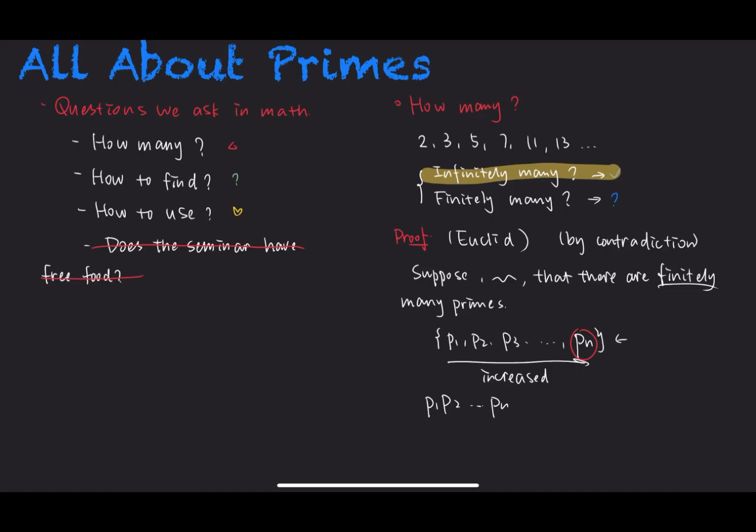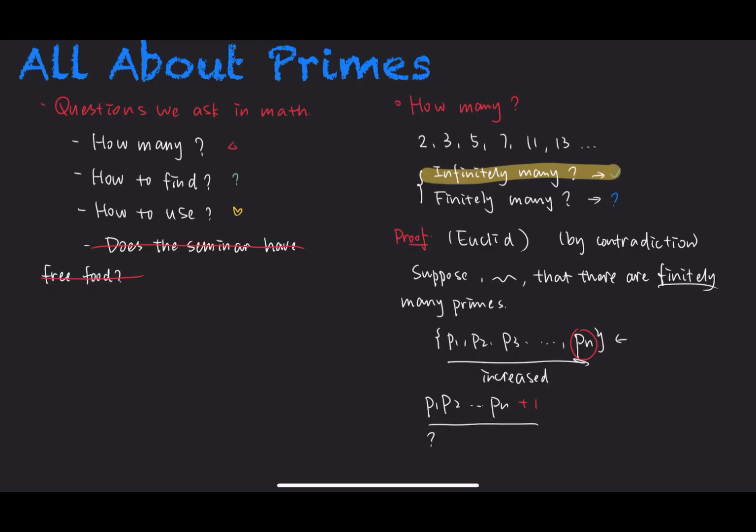So take a look at this new integer we just formed. Is it divisible by p1? Well, it is not divisible by p1 because p1 divides this integer minus 1. p1 divides this part of the integer, so it cannot divide this integer plus 1.